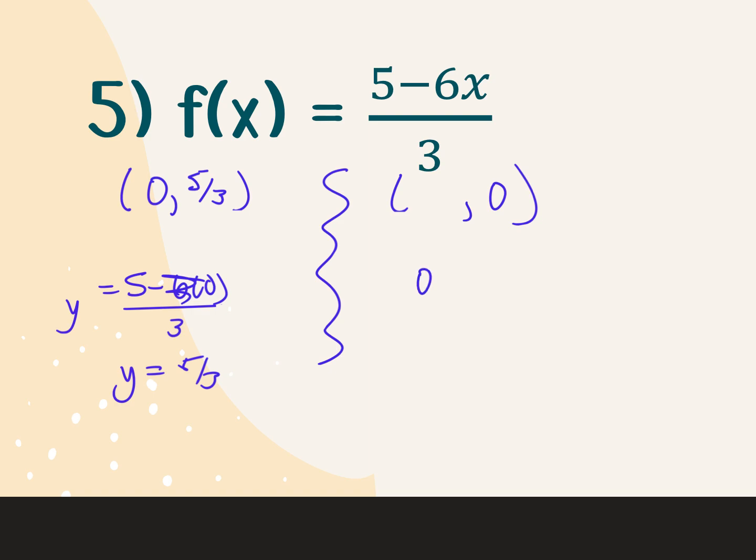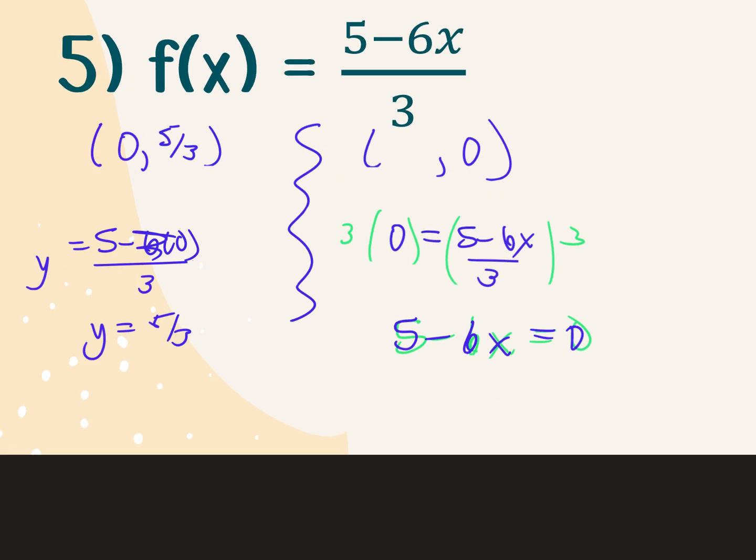Y. So it's 0 equals 5 minus 6x over 3. How do I solve this? Yep, multiply both sides by 3. 5 minus 6x equals 0. So now what?